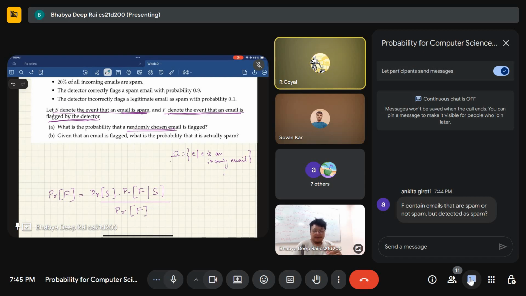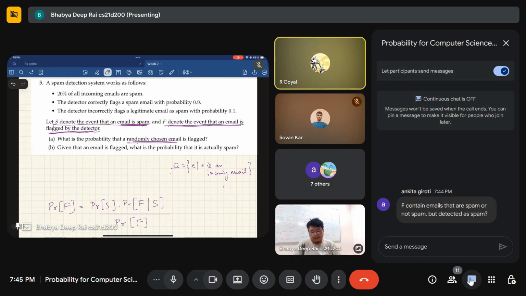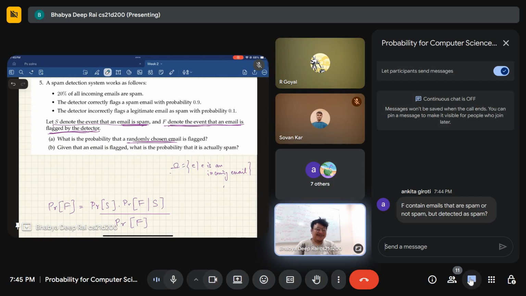The probability that an email is spam multiplied by the probability of flagging it, given that it is known to be spam. So no denominator is required. Well, I wouldn't say that. What does Bayes theorem say? Wait a minute, let me clarify this. Ankita Giroti says F contains emails that are spam or not spam, but detected as spam.